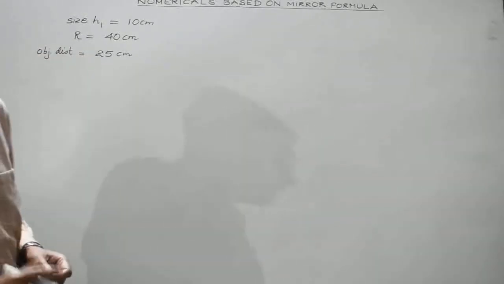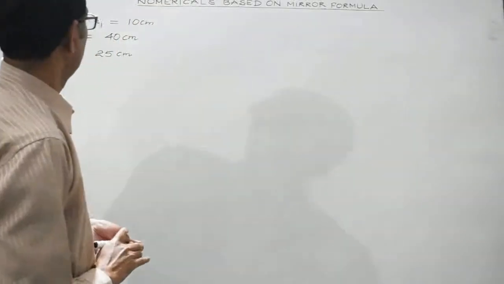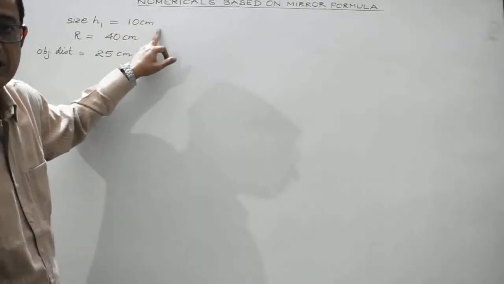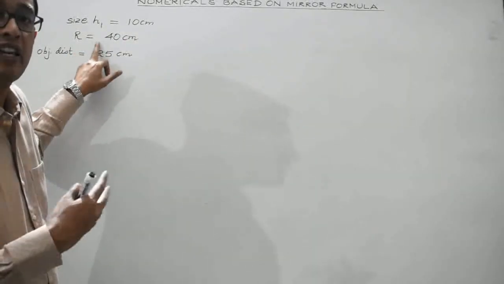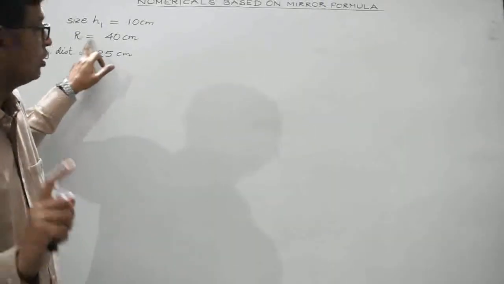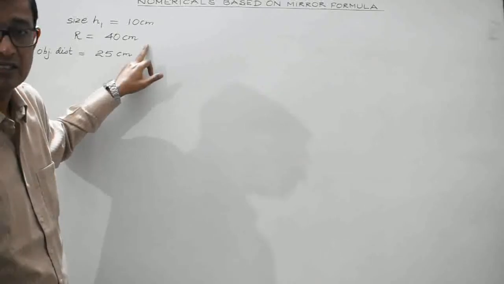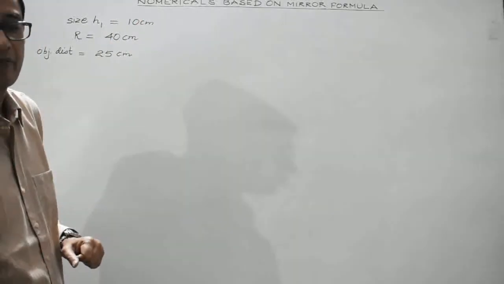Again I am repeating the question. Please listen to it carefully. An object of size 10 centimeter is placed in front of a concave mirror, a converging mirror, of radius of curvature 40 centimeter at a distance of 25 centimeter from the mirror.